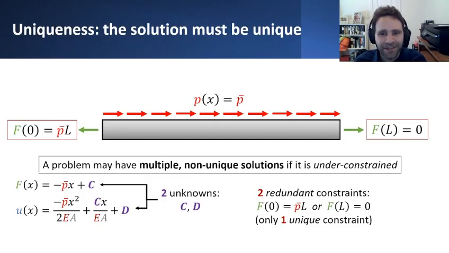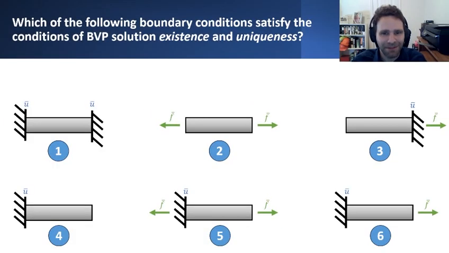So in essence, if I'm not constraining this problem against rigid motion by prescribing only force boundary conditions and not at least one displacement boundary condition to prevent the whole thing from possibly floating off, then I fail to satisfy solution uniqueness, and thus I don't have a unique solution for this problem.